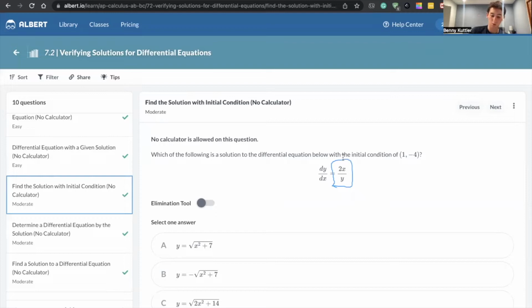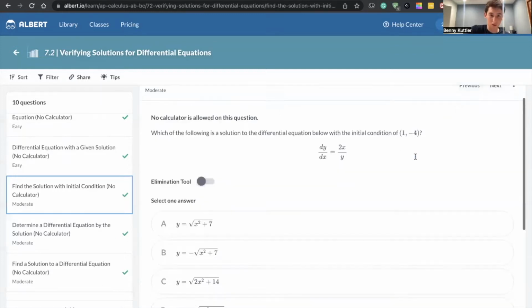So we have to look at the answer choices, take the derivative, and see, does the derivative of that match up with this? And we'll use this initial condition in a second to make sure that everything works out.